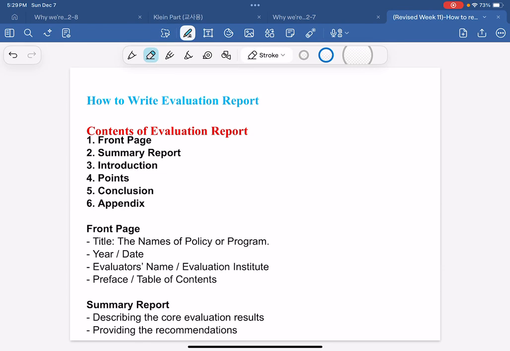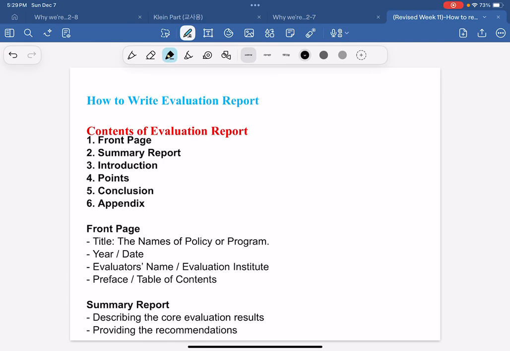And then next, summary report. And public officials are very busy. They don't have enough time to carefully review the whole entire pages of evaluation result. Therefore, you need to summarize the result of your evaluations.